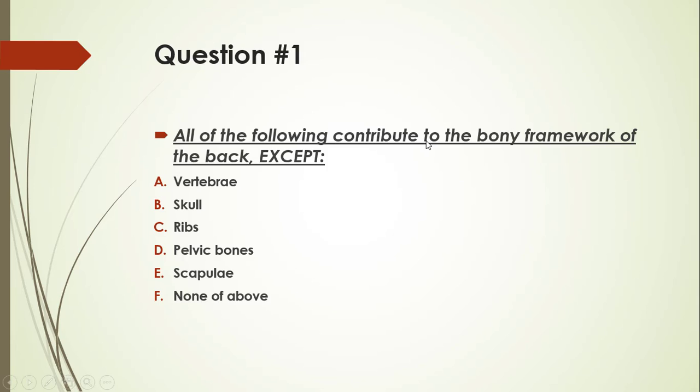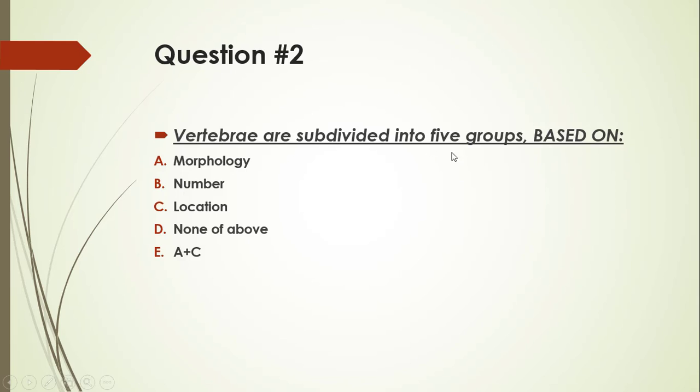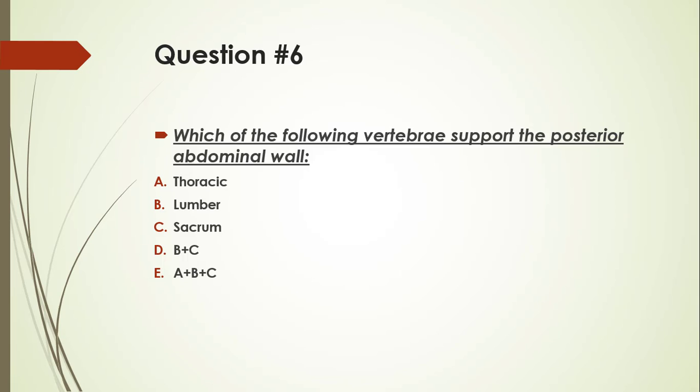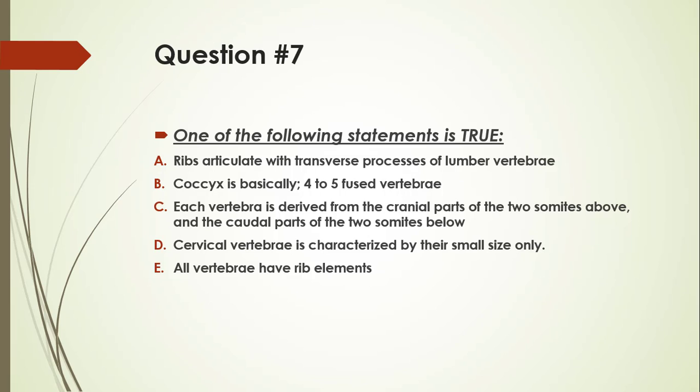All of the following contribute to the bony framework of the back except. Vertebrae are subdivided into 5 groups based on. Cervical vertebrae are characterized by. Thoracic vertebrae are characterized by. Lumbar vertebrae are characterized by. Which of the following vertebrae support the posterior abdominal wall? Number 7.